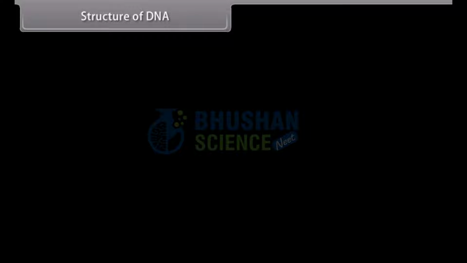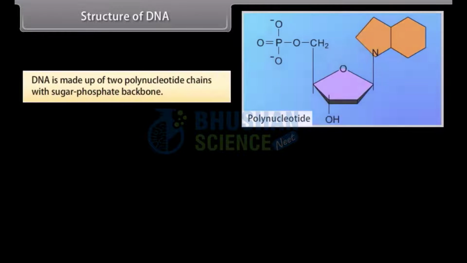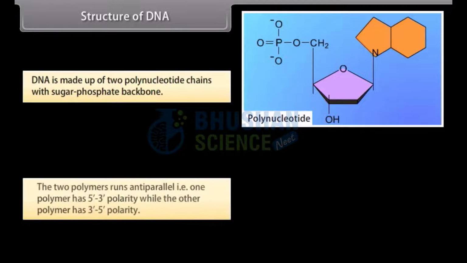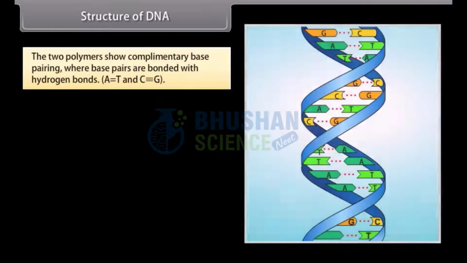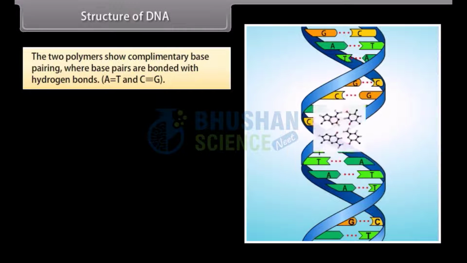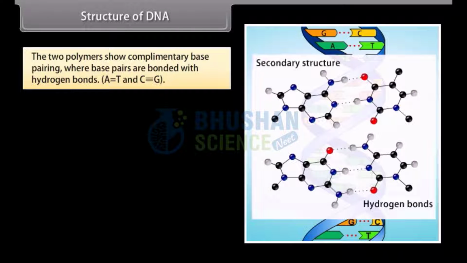Structure of DNA. DNA is made up of 2 polynucleotide chains with sugar phosphate backbone. The 2 polymers run anti-parallel, that is, one polymer has 5' to 3' polarity, while the other polymer has 3' to 5' polarity. The 2 polymers show complementary base pairing, where base pairs are bonded with hydrogen bonds.